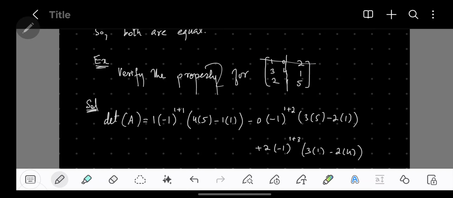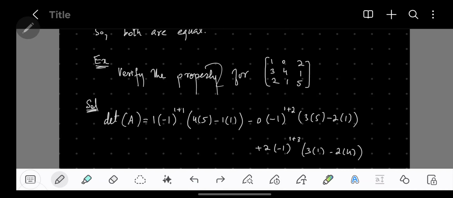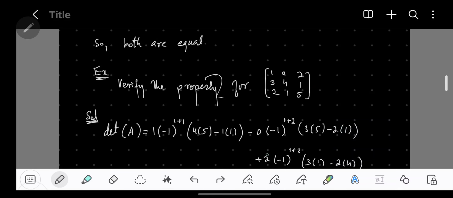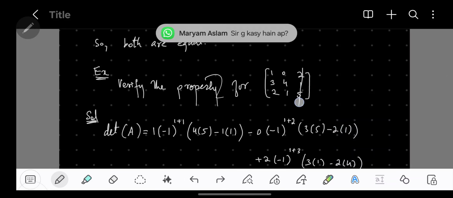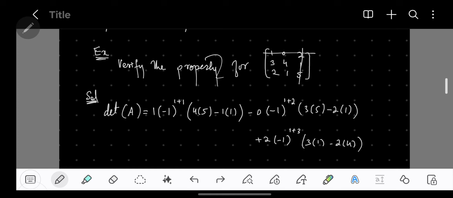I have got the submatrix 3, 1, 2, 5, whose determinant is 3 times 5 minus 2 times 1. And when I go to the last entry, which is 2, I will skip this and this, and then I will write the determinant of this submatrix, which is 3 times 1 minus 2 times 4, written here.